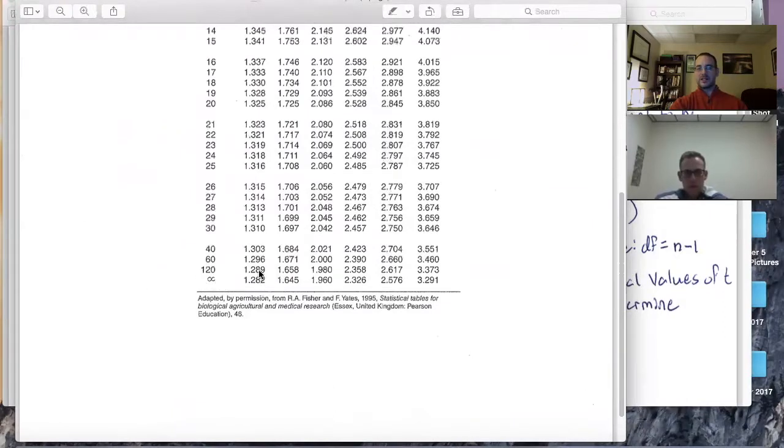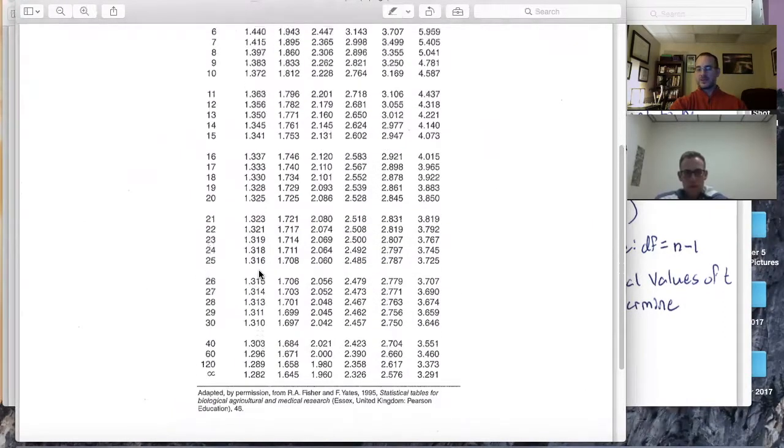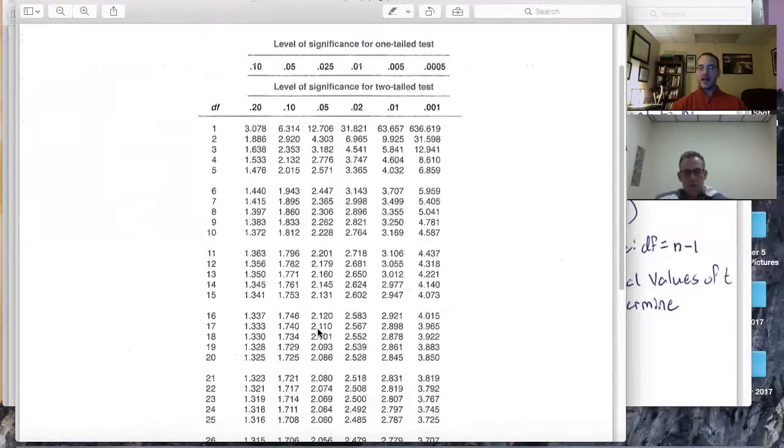But what we're going to see in just a moment is there's really not much of a difference between 120 and infinity. A lot of times in statistics, especially the social sciences, we say that 0.05 is our cutoff for alpha. So in this class, if I don't give you an alpha level in the question, just assume we're working with an alpha of 0.05. Okay.